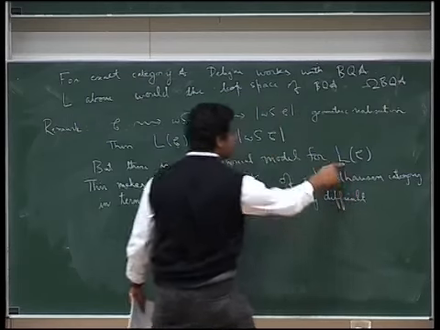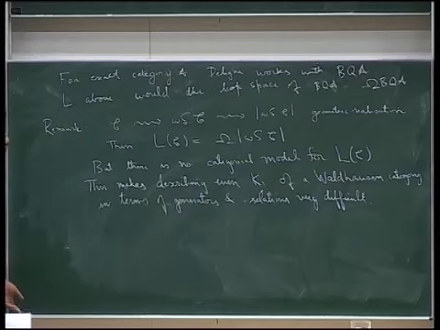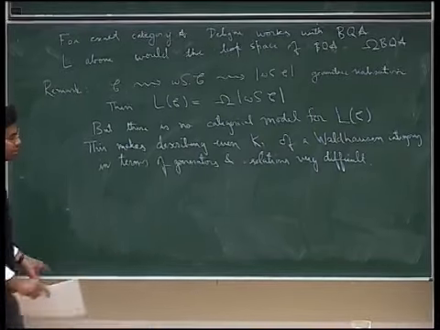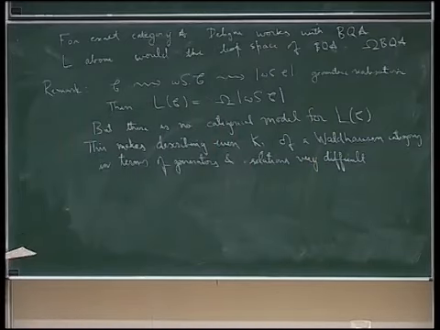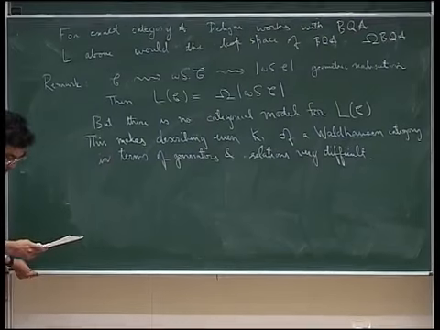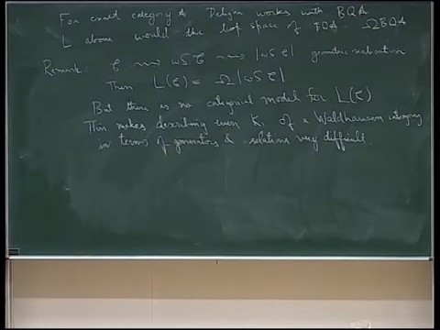So if you could construct a categorical model for this loop space directly, then describing K1 would be possible, I think, at least. Okay.